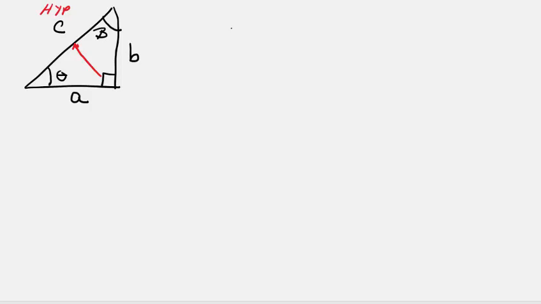Now, by definition, the cosine of an angle, I'm just going to put angle, because any angle is always going to be the adjacent side divided by the hypotenuse.